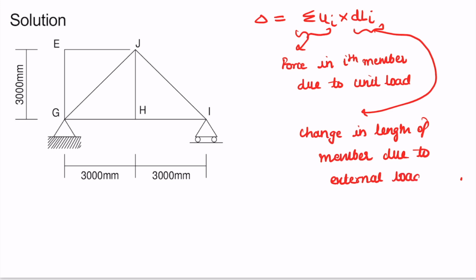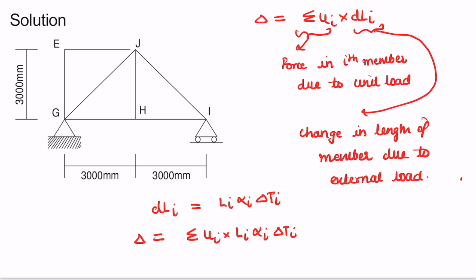In this case, the external load is temperature. Therefore, the change in the length of the ith member will be Li alpha i delta Ti. So finally, the displacement will be calculated as summation of Ui multiplied by Li alpha i delta Ti. So this is the final formula we are going to use for this problem.